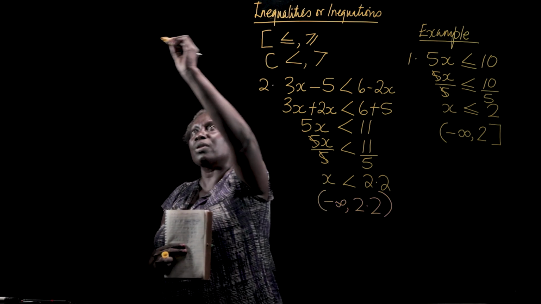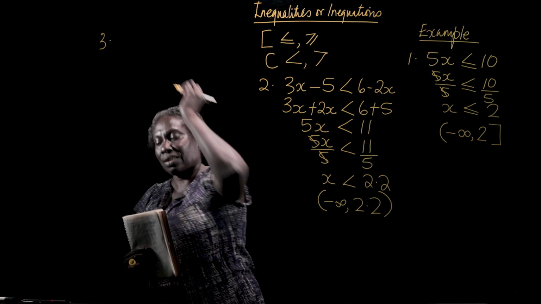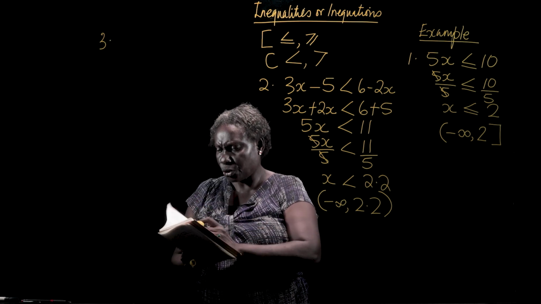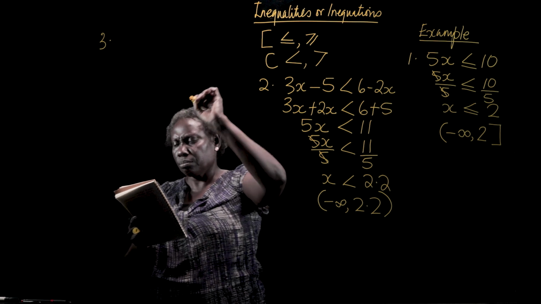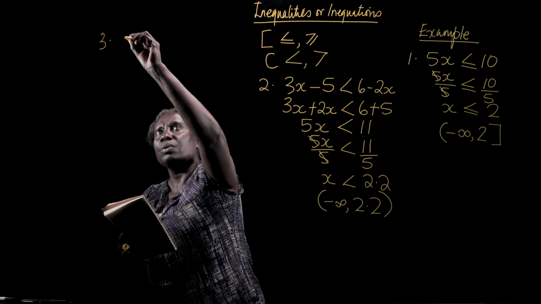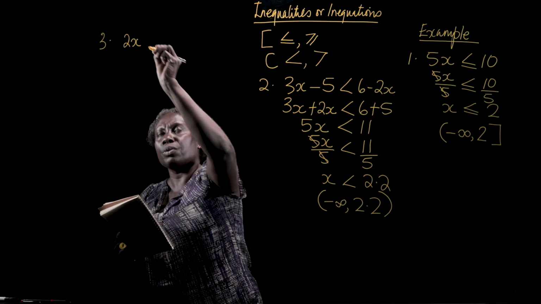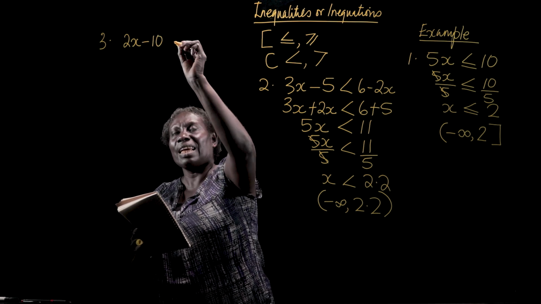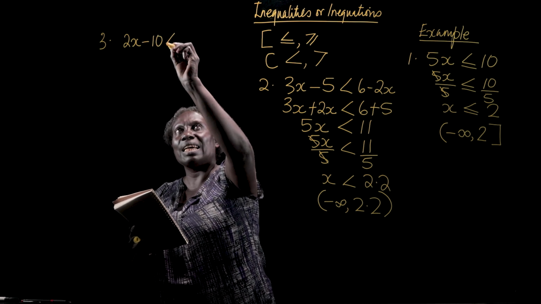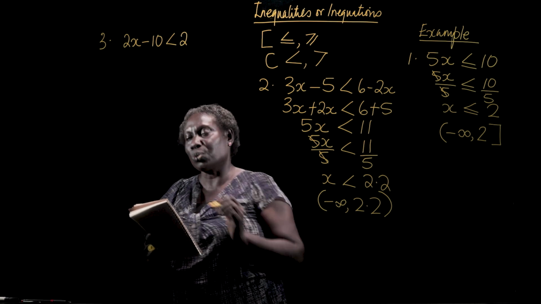Okay, that's example 3. For example 3, we have negative 2x minus 10 is less than 2.